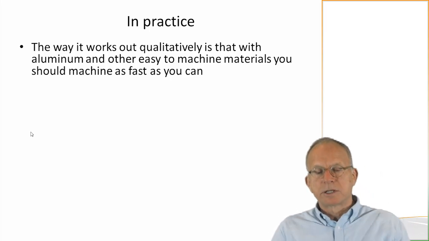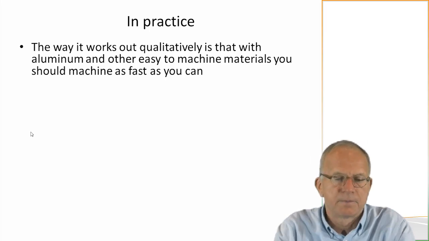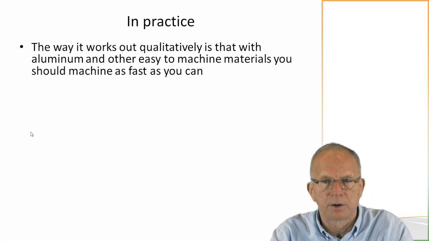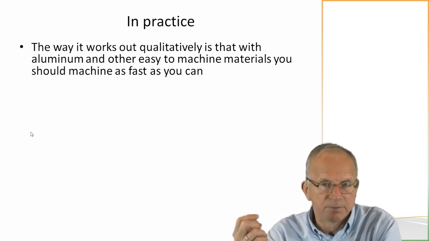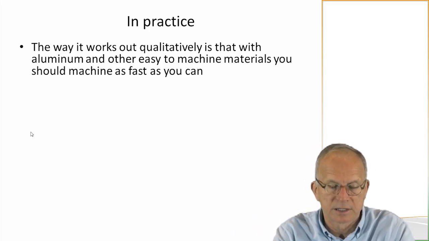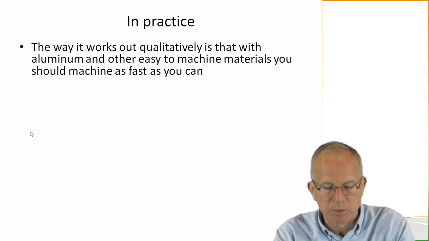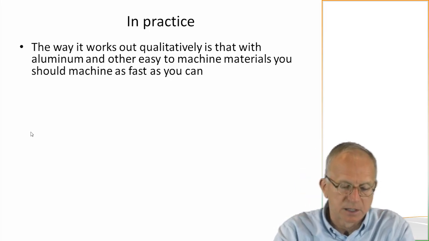In practice, it works out that aluminum now, as long as it's a forging and not a cast aluminum that might have some sand or abrasive mixed in, you just machine as fast as you can. And the effect of the aluminum on the tool isn't that important. So you don't have to worry about the effect of speed. Although machining steel or titanium, that does become important.